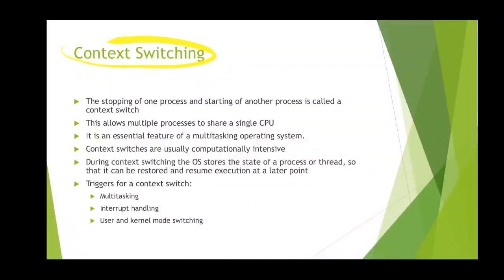Context switching. In a multitasking system, multiple processes can be executed on a single CPU on a time-shared basis. It means that in a multitasking system, multiple processes are waiting to be executed, but only a single CPU is available to execute the processes.